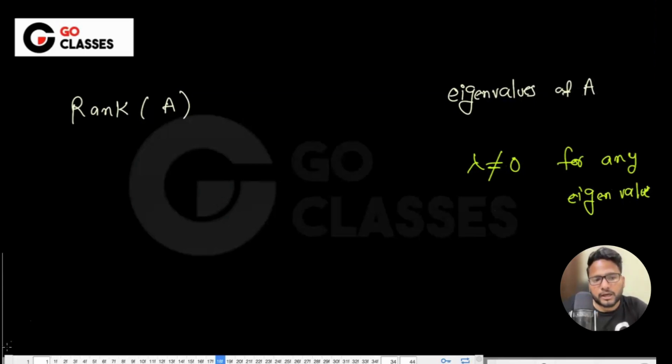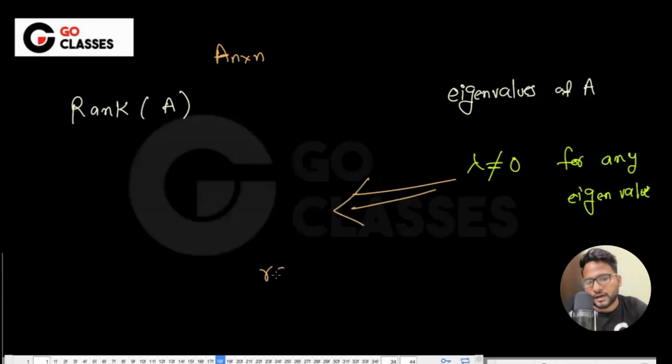Suppose A is an n cross n matrix. Now you tell me what will be the rank of the matrix? If lambda is not equal to 0, then I can say the rank will be just n, right? Great.